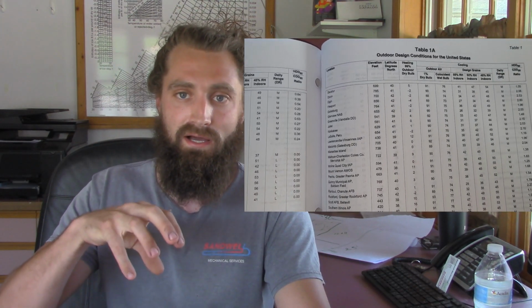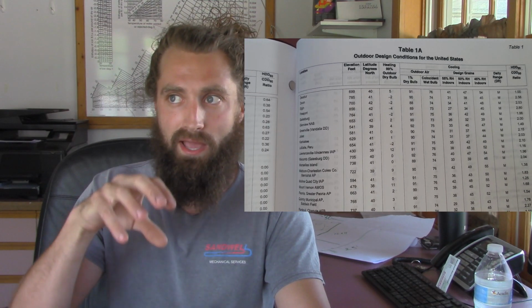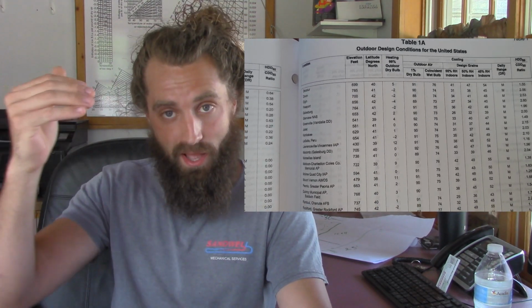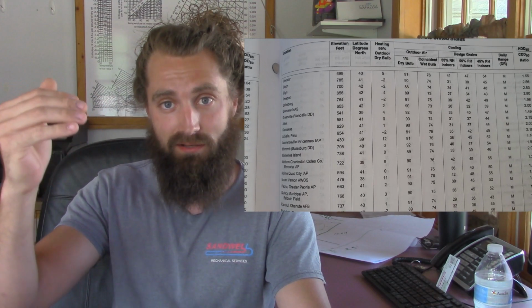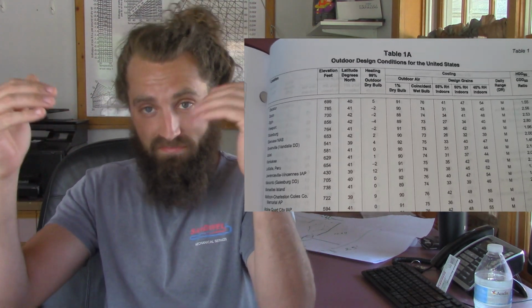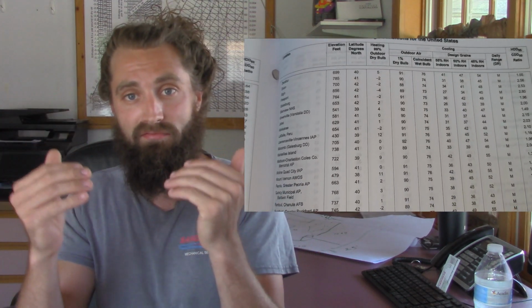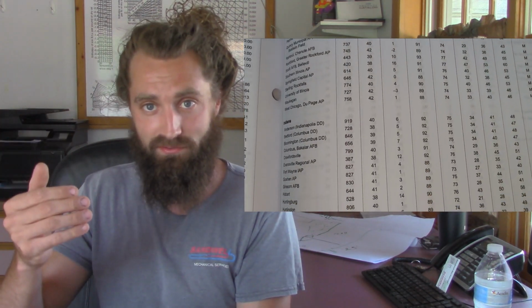Next column, we've got our latitude, degrees north. And what that does is that takes into account when we're looking at our fenestration. So how the sun and the effects of solar radiation interact with our building through the windows, okay?